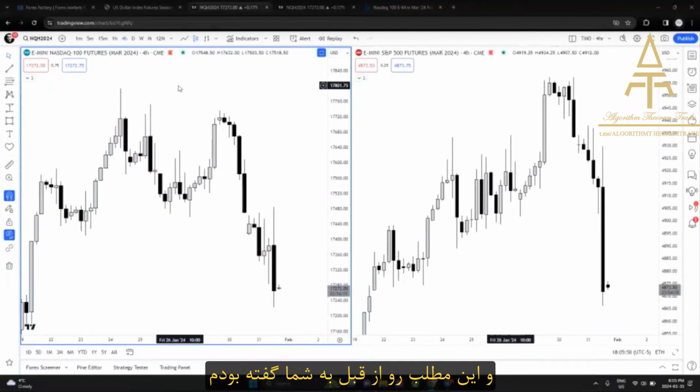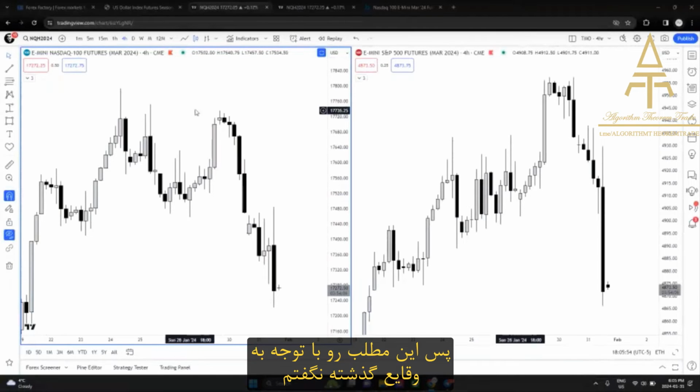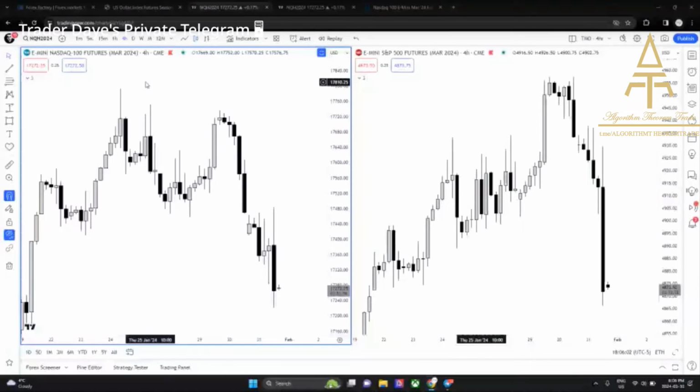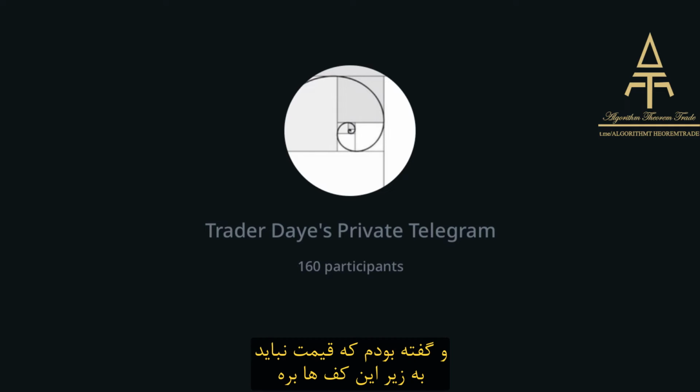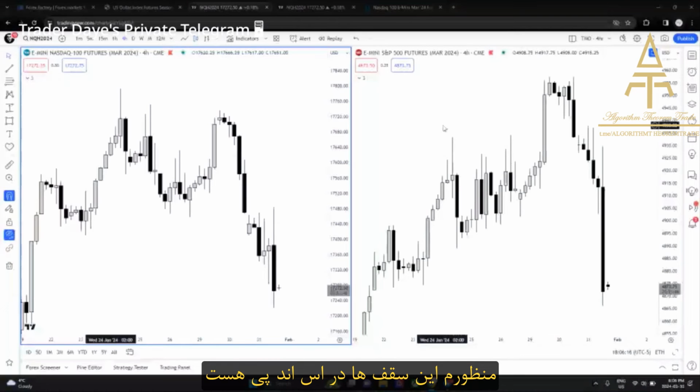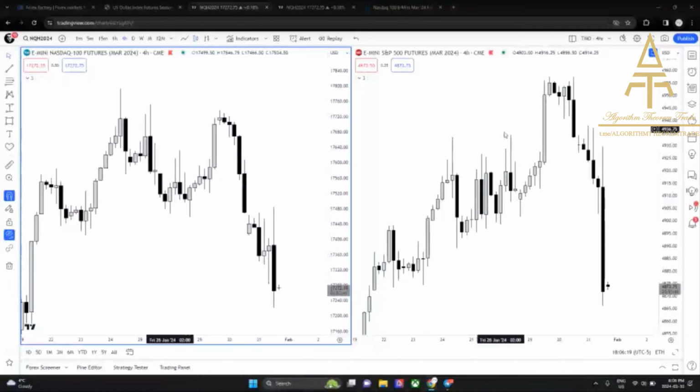And I gave you guys this beforehand, so this is not hindsight. I literally told you guys that SMT was going to form before it even formed. I told you guys that price should not go below these lows before it goes above these highs in regard to the S&P 500. Did I not? Yes, I did.